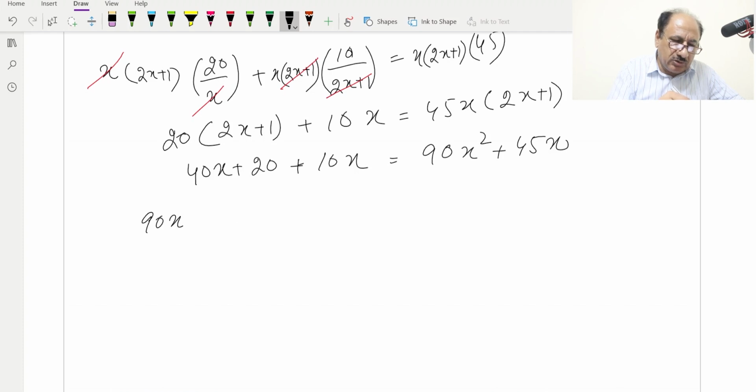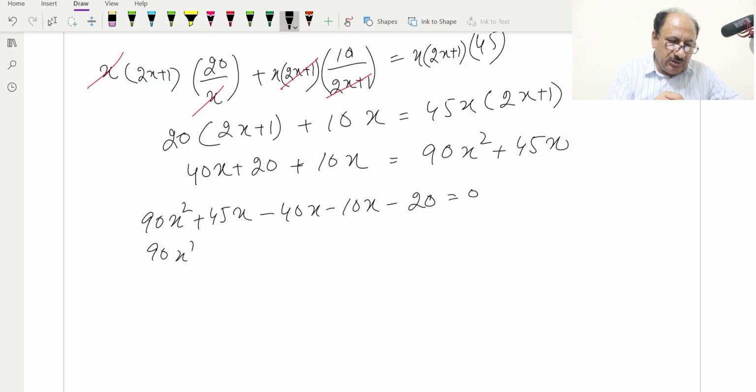So 90x squared plus 45x and minus 40x minus 10x minus 20 is equal to 0. So we have sent everything to one side. Now 90x squared, and this will be 5x, and next will be minus 20 is equal to 0.